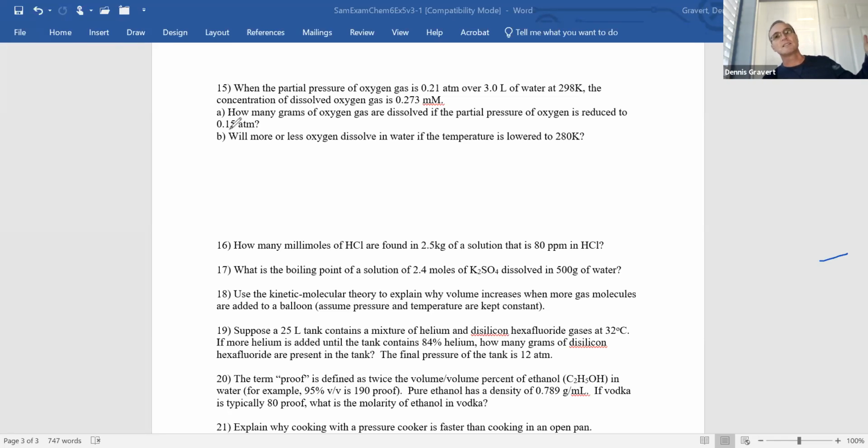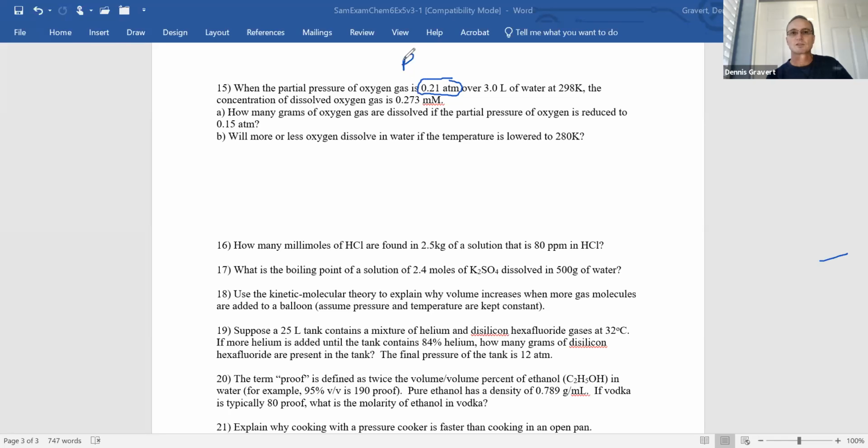But if we're only interested in the oxygen, then it turns out you can actually measure that. And so let's say we're at 1 atmosphere. That's probably what's happening here. And the amount of gas that's oxygen gas corresponds to 0.21 atmospheres, the partial pressure.